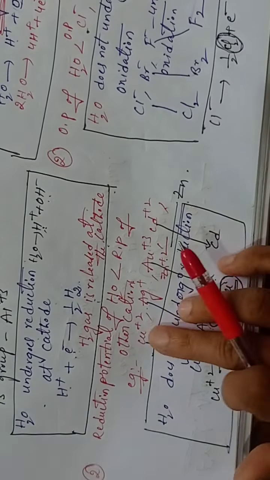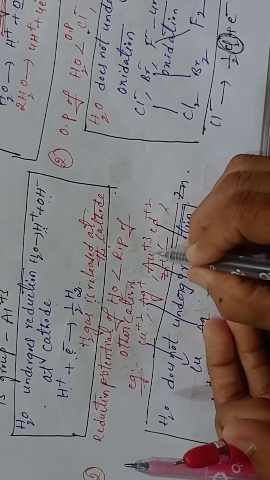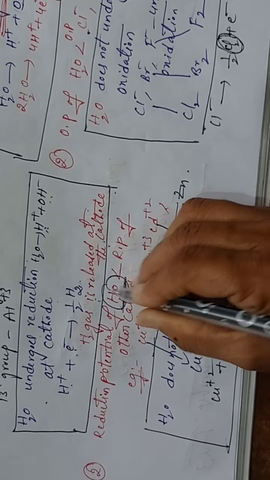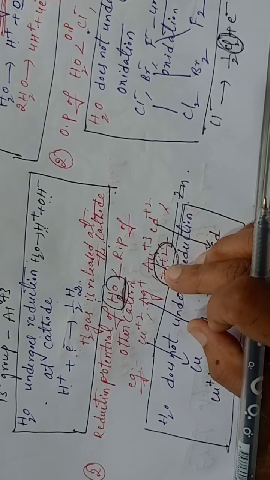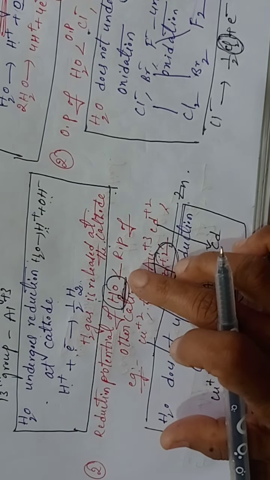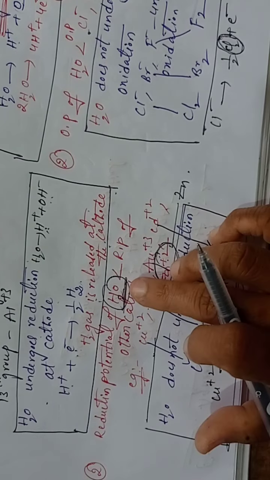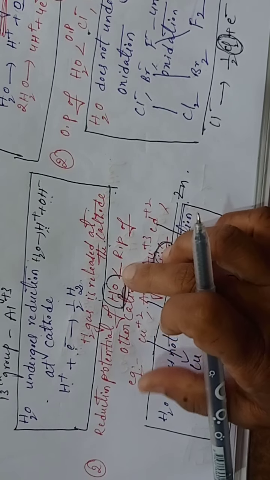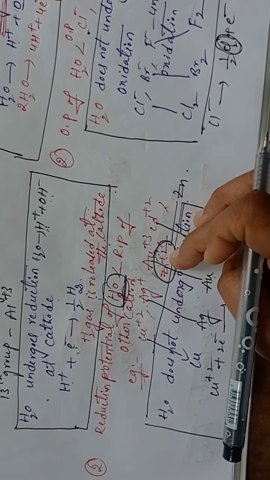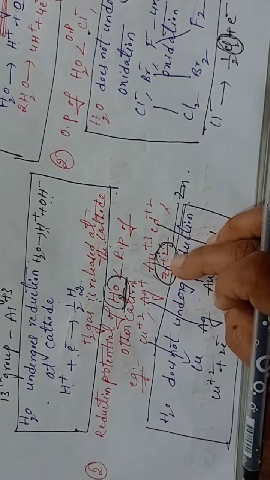Now which reduction potential is more, Zn plus 2 or water? The reduction potential of water is less than the reduction potential of Zn plus 2.